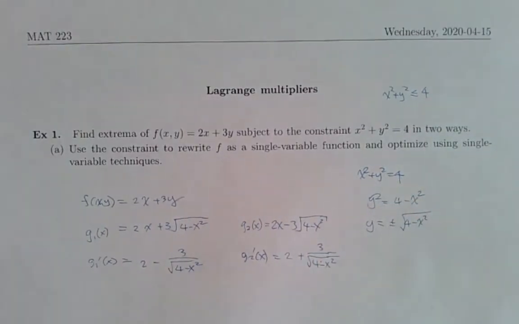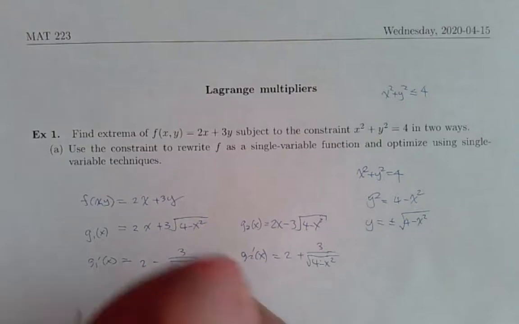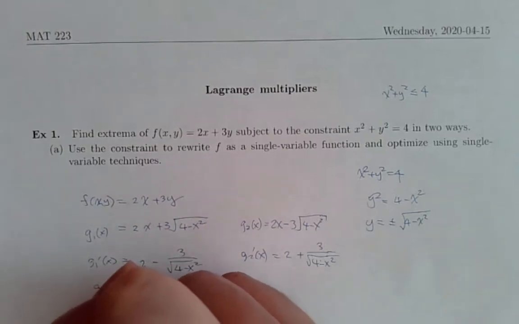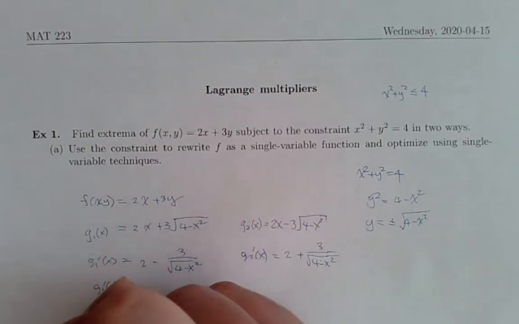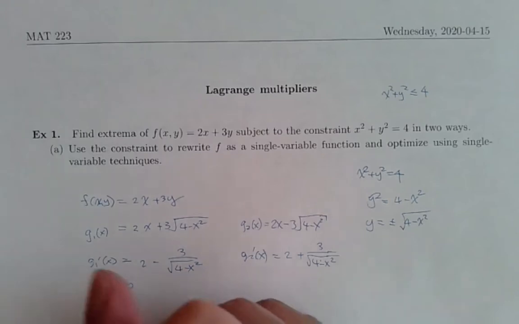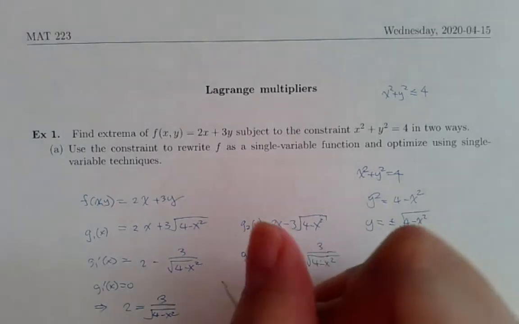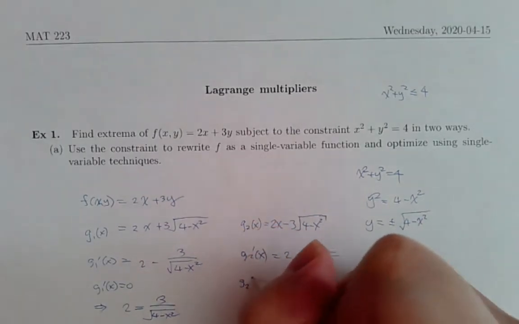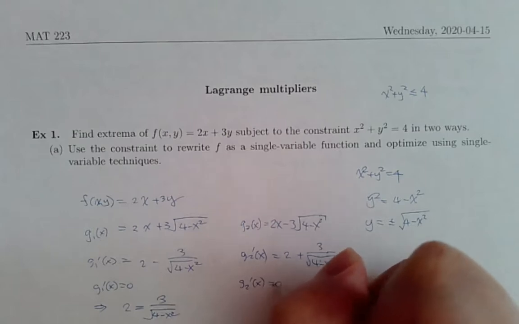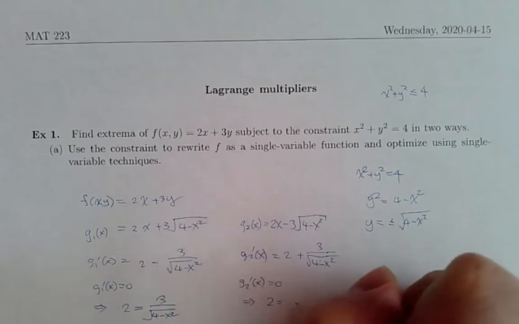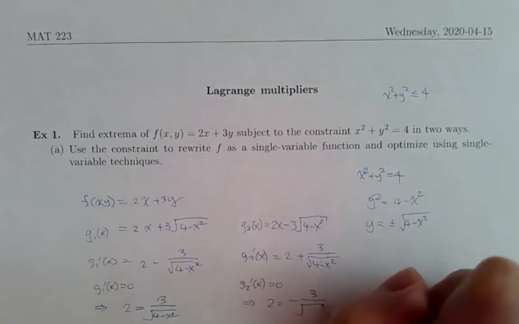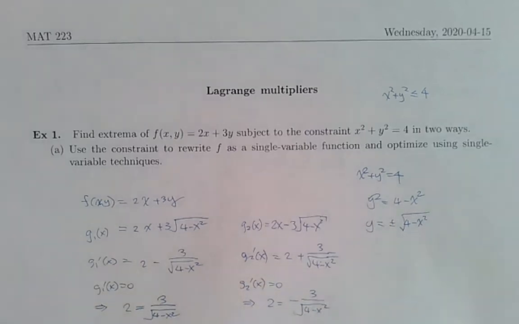If we set this equal to 0, that means that 2 is equal to 3 over the square root of 4 minus x squared. And this one means that 2 is equal to negative 3 over the square root of 4 minus x squared.